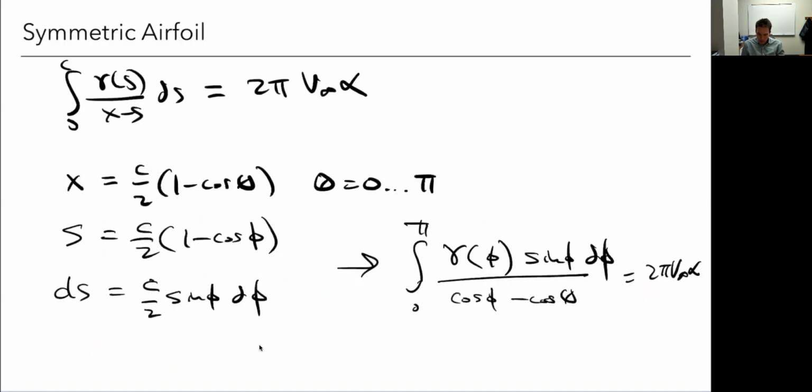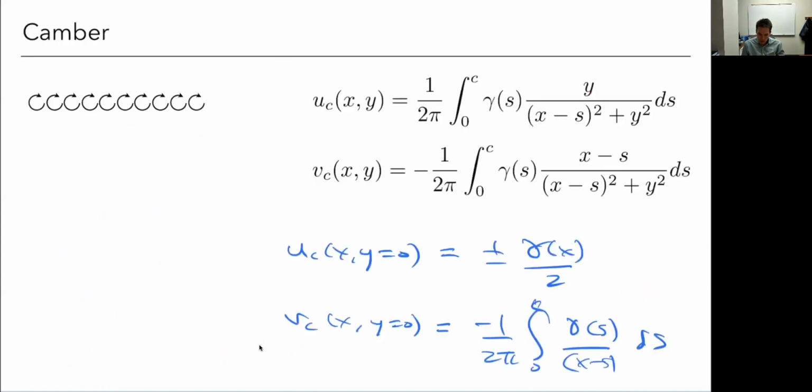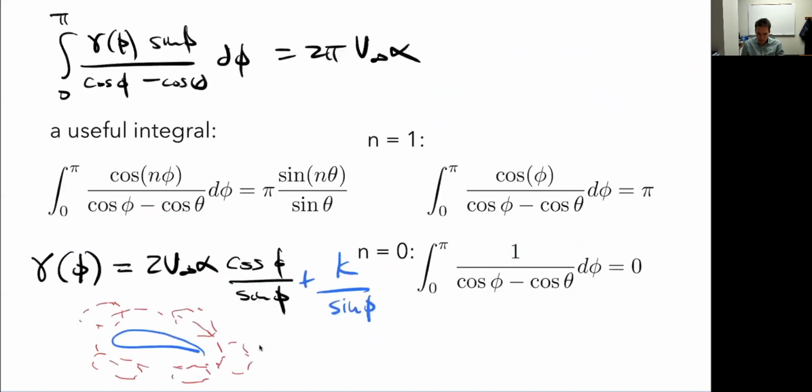One simple way we could think about this is if I go back and look at what the velocity is at the trailing edge from my vorticity, it looks like this, right? Plus or minus gamma over 2. So for a lifting body, if I look at what's happening at the trailing edge, and again, imagine we're looking at thin airfoil, so I really should model this as a line here, right?